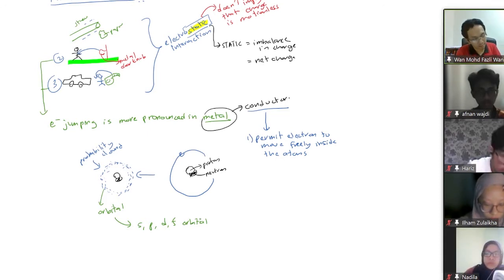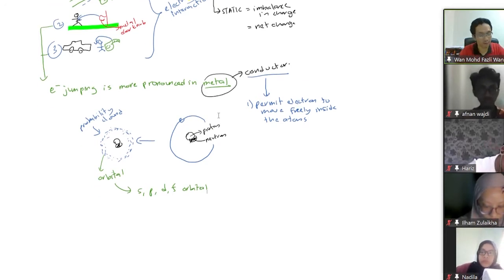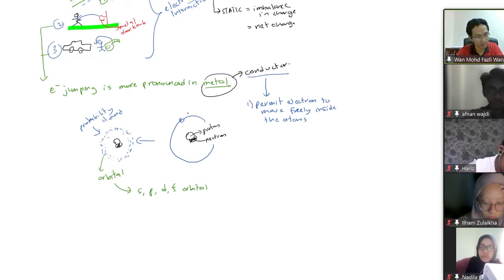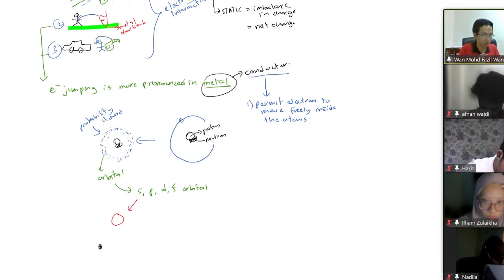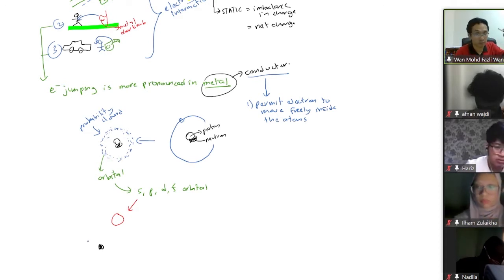Okay, for example, the s orbital, just to go a little bit further into orbitals before I talk about the conductor again. The s orbital is like a sphere. What does it mean? If you have the nucleus here, I draw the nucleus here with a neutron and proton, then you can find the first, nearest electron in this region.